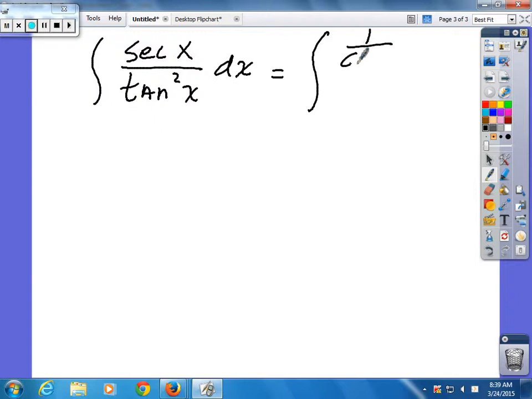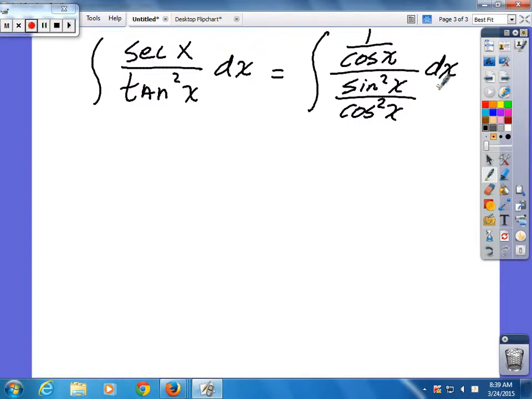Antiderivative, 1 over cosine of x over sine squared of x over cosine squared of x dx. And like I said before, the reason that you don't use the secant-tangent relationship is because you can't do anything with secant.